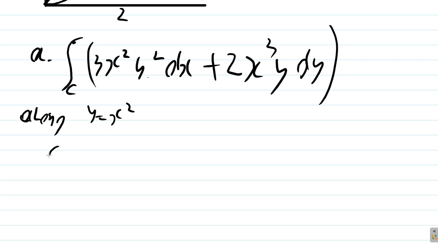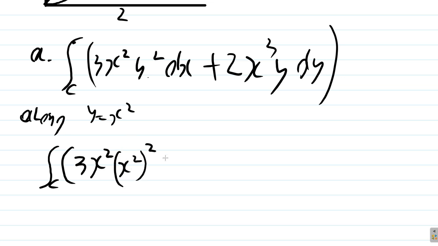So what we have is the integral along the curve of 3x squared, well, if y is x squared, and we have y squared, then what we would have here is x squared squared dx plus 2x squared, and then we have y, which is x squared, dy.